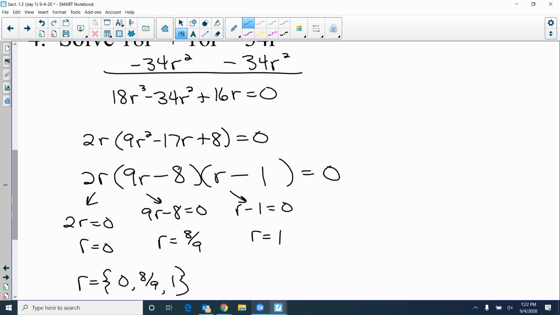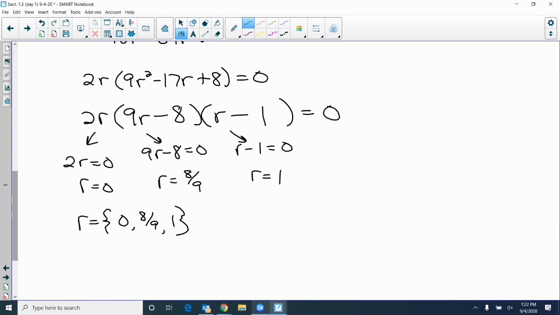All right, GCF, pull it out. Don't forget to include it in here. Now, if the GCF does not include a variable, that will not give you an extra answer. If it was just a 2, you would not have that 0. It's only when it has a variable with it.